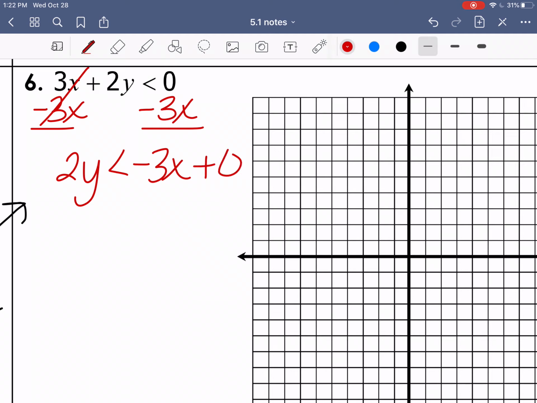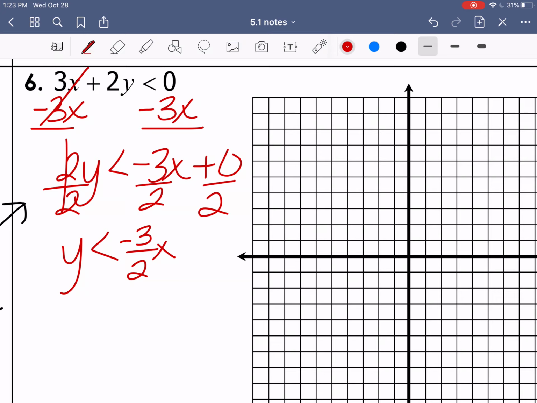Divide by 2 to get the y alone. The 2 happens to be positive, so I do not need to turn my inequality sign around. However, my slope is negative, and we know that 0 divided by 2 is just 0. So again, you don't have to write the 0, but you can. That's telling us to start at 0, 0.